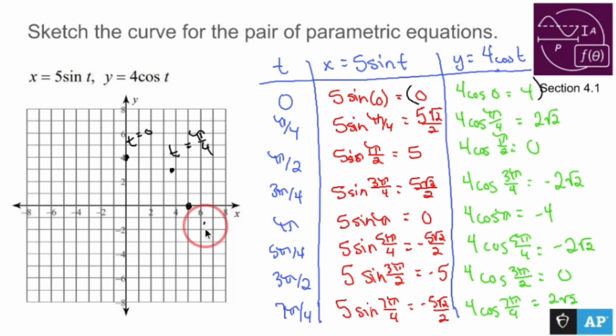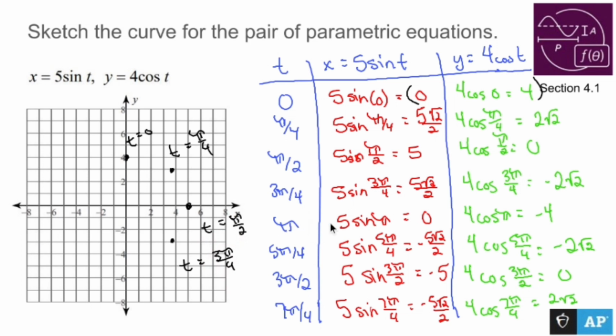That's when t was pi over 2. And as you can see, we're working our way around. So let me try to recreate this the best that I can. That's when t is 3 pi over 4.